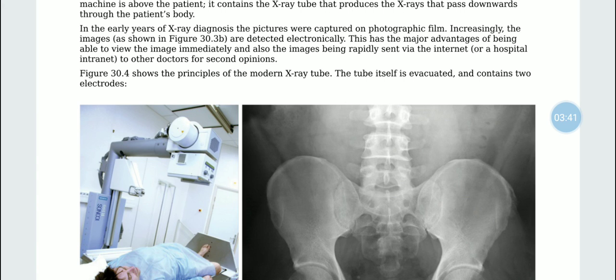So that will actually come out as an image. So we can easily see how the bones are structured inside the body.